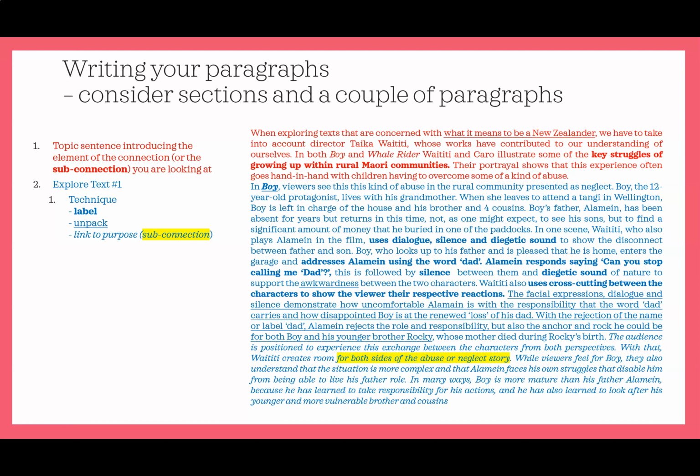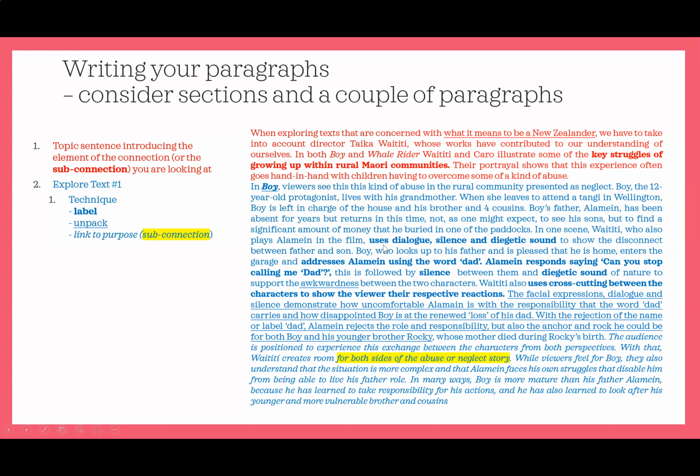So, as you can see, when I put all of this together, I've got to have a really good knowledge of the text, and so that means I need to be familiar with the places of the text, at least, that I'm talking about. So you might have to read and reread, or watch and rewatch bits of the text that you're talking about. In bold, I have got the techniques that have been used to create a particular effect.